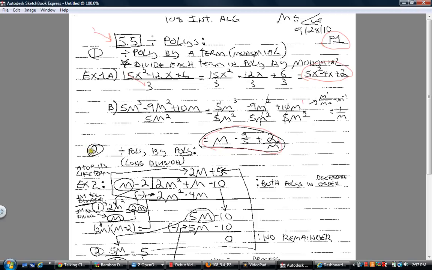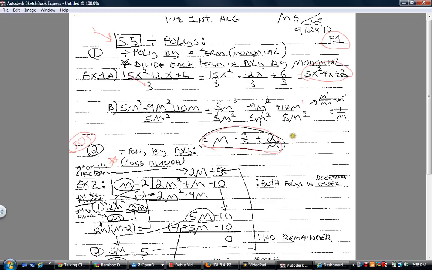Then we hit the situation of example 2, and if you look in your book on page 303, I did not write it in my class notes, but I think it's kind of important for you to see this so you understand why and when you use long division. Okay, so what you have here is this problem.